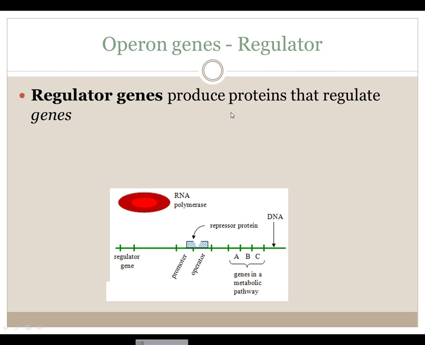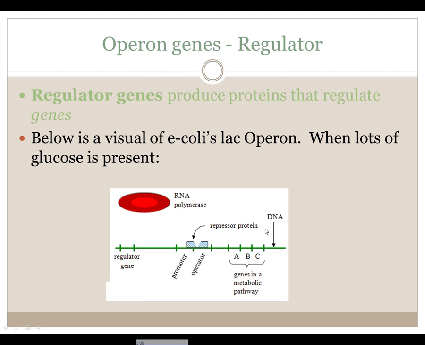What you're seeing is a visual of E. coli's lac operon. These lacA, lacB, lacC genes produce enzymes which help E. coli break down lactose into glucose so that it can use it for energy, for respiration.